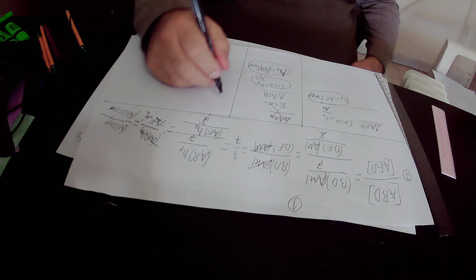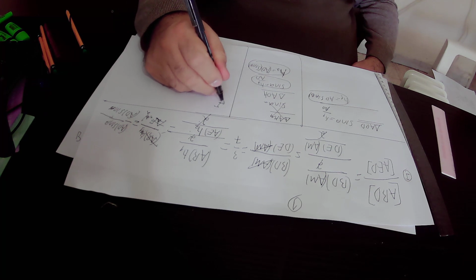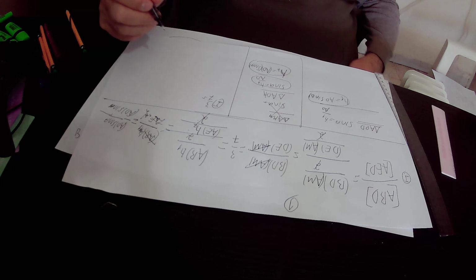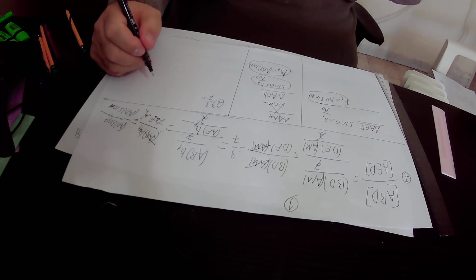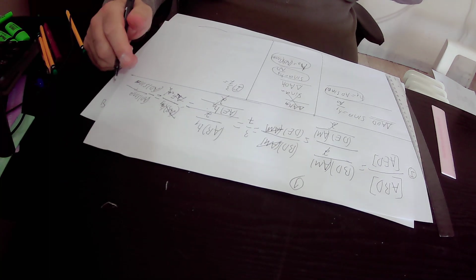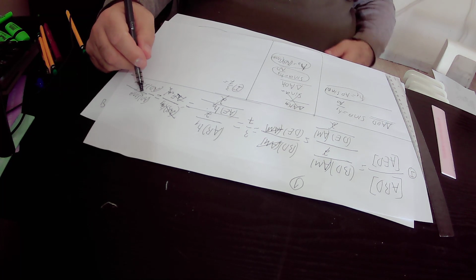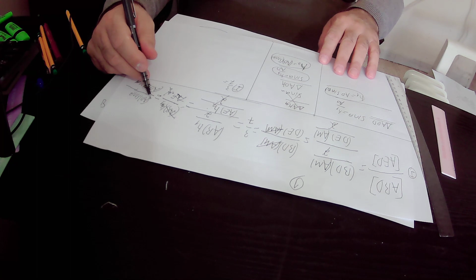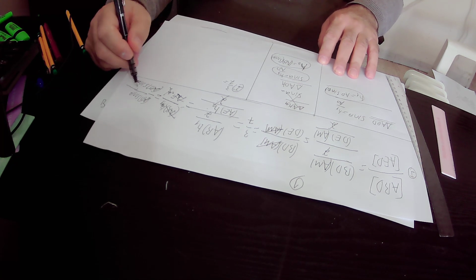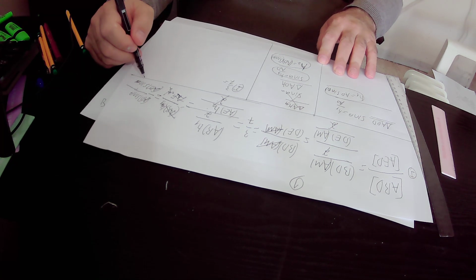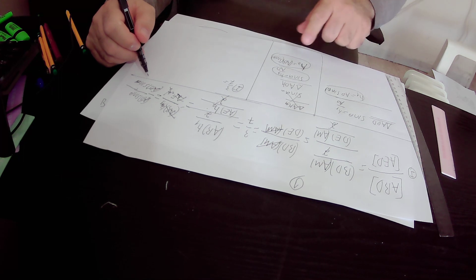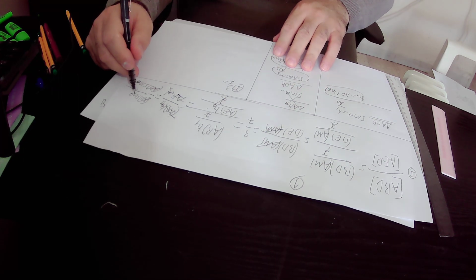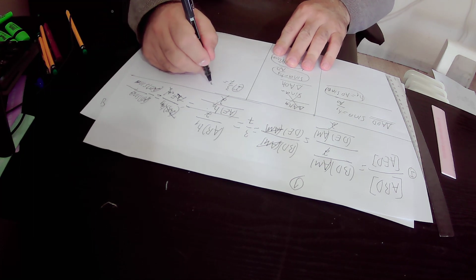So in conclusion, we found that according to equation number 1, 3 over 7 equals, but before that we have AD in the numerator and AD in the denominator, so AD gets cancelled, and we are left with sine theta over sine alpha. So in conclusion, 3 over 7 equals sine theta over sine alpha.